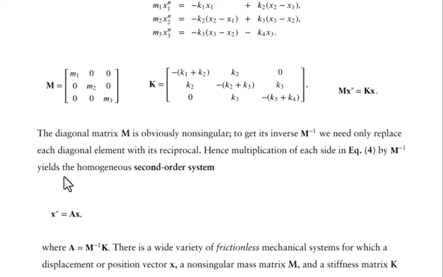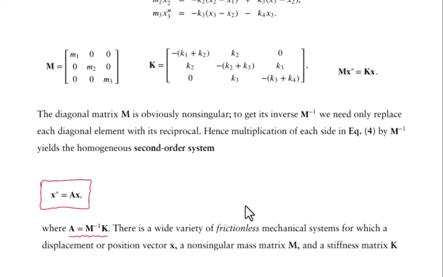And so by doing that, we get this system now, our second order system. Our matrix A is simply M inverse times K. All right, and so we can find the eigenvalues and eigenvectors for A and solve our system.